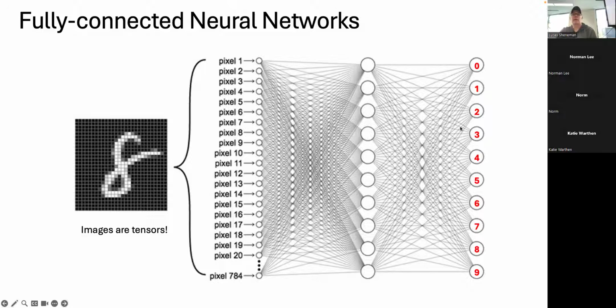And you have some number of hidden layers, and at the last layer, you have your labels, right? And so in this case, we're doing handwriting recognition. Given this figure, tell me the most likely output on the output layer. Okay.